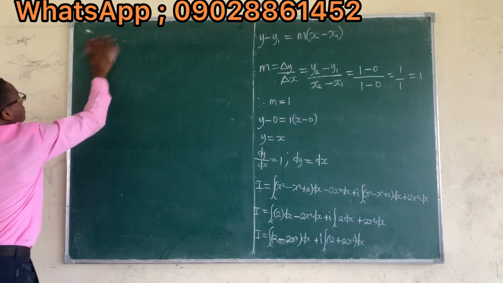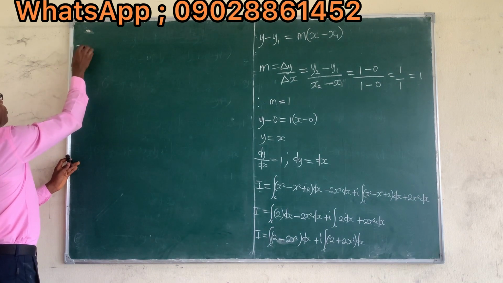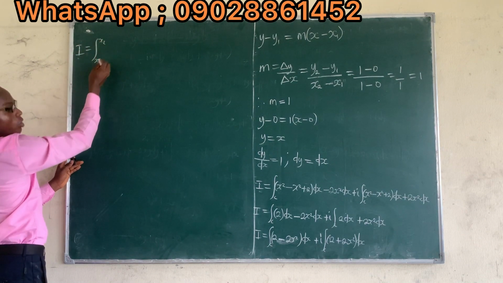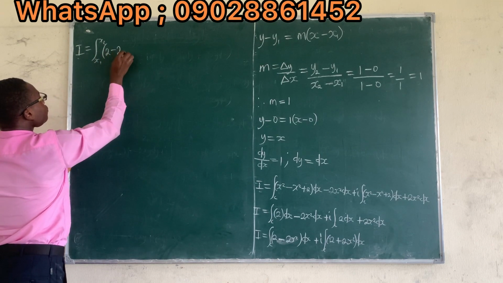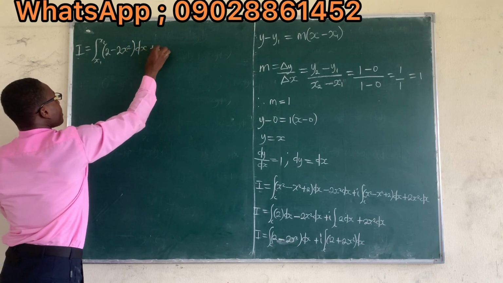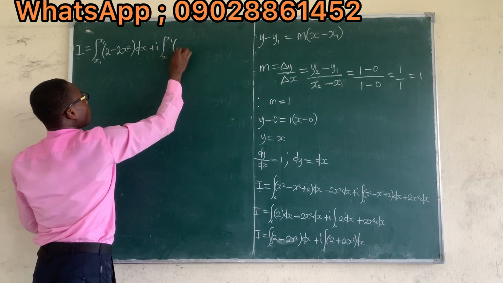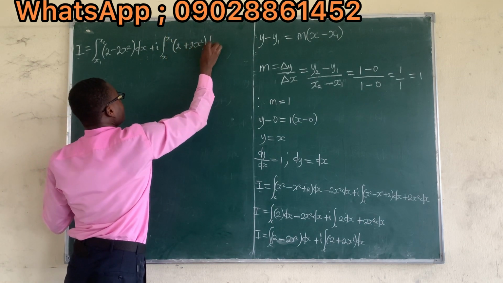So I will be equal to the integral from x1 to x2 of (2 minus 2x squared) dx plus i times the integral from x1 to x2 of (2 plus 2x squared) dx.